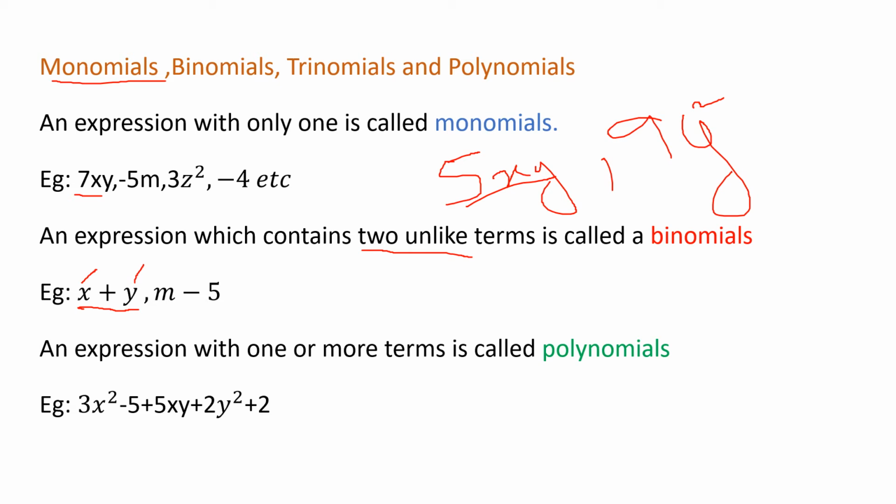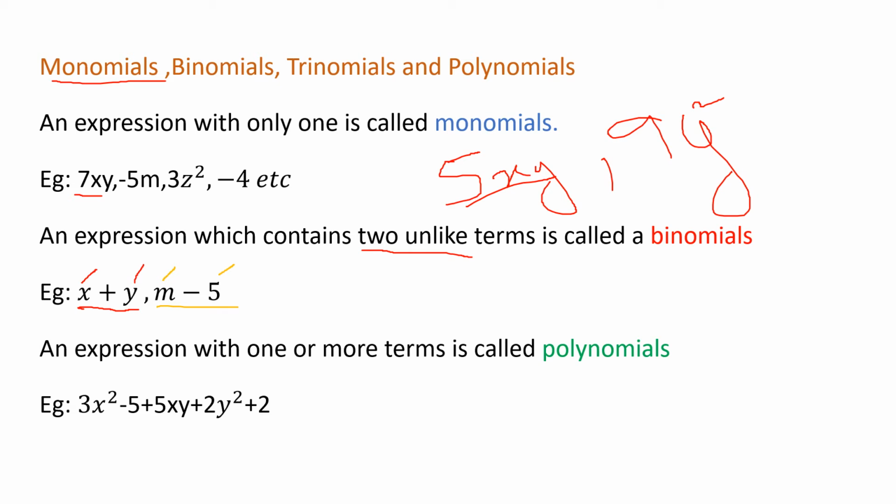And look at the second example. I have given m minus 5. So m is a variable and minus 5 is a constant. So these two are different terms. In this expression we are having two terms, one variable and one constant. So this is binomial.